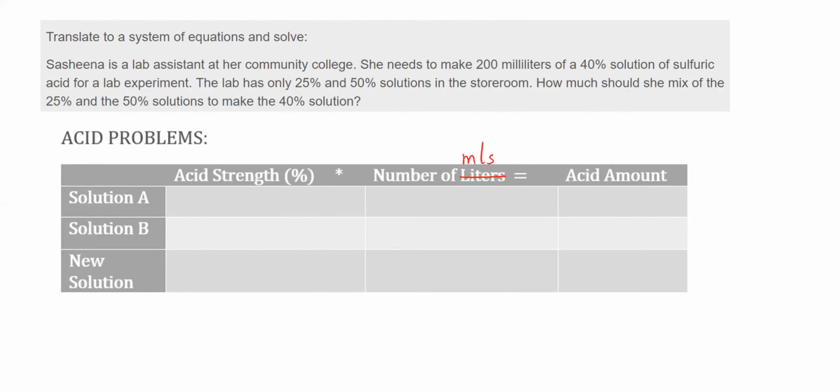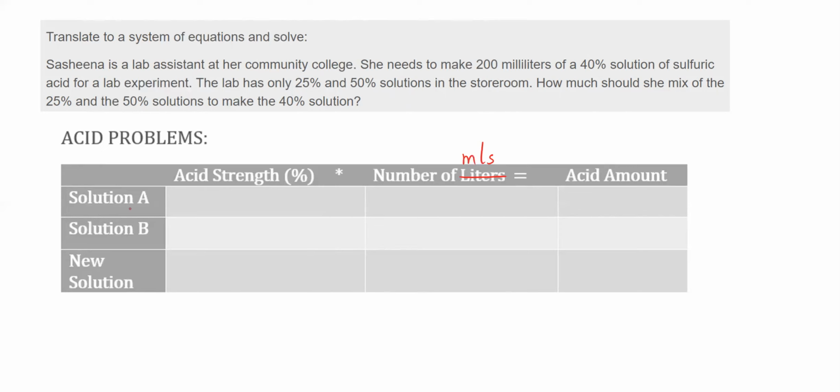Okay, so solution A is 25%, solution B is 50%, right? That's the strength of the acid in each of those solutions. Those are the two types that they have, and they want to mix these two strengths to get a new solution of strength 40%. Let's understand that.